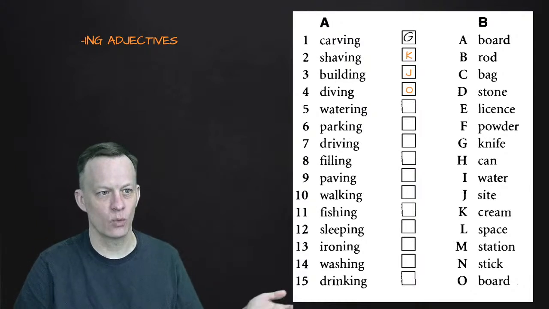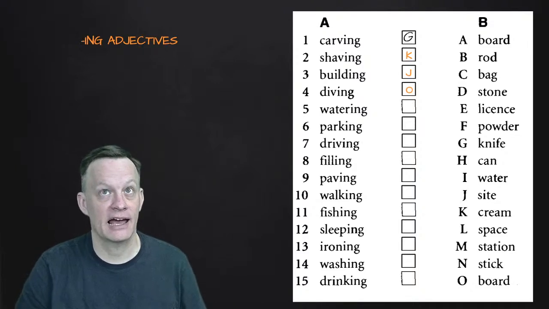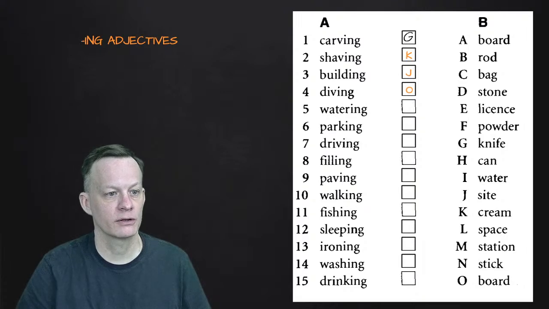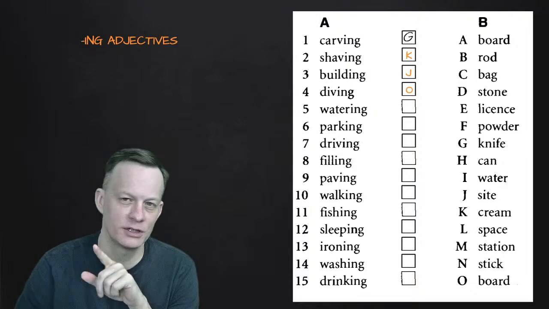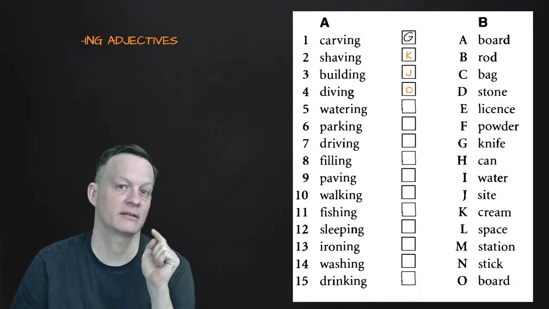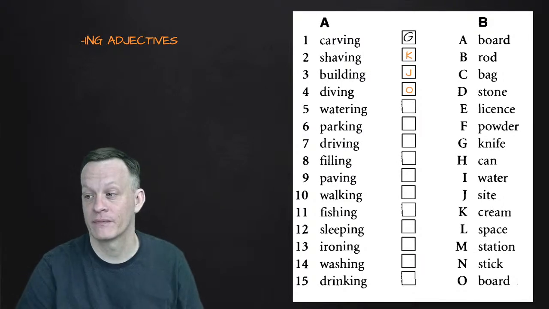But yes, you can water your plants. That's an action. It's not an adjective to describe the plant, a watering plant. But yes, to water. I am watering the plants now. Here's a clue. What do you use to water the plants?